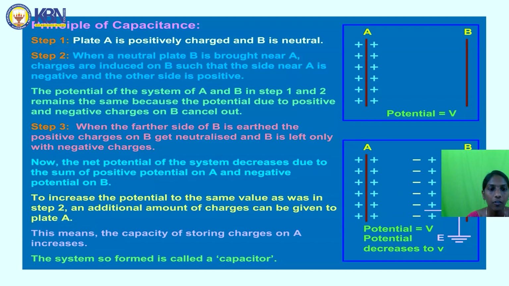Step 3: When the further side of B is earthed, the positive charges on B get neutralized and B is left only with negative charges.